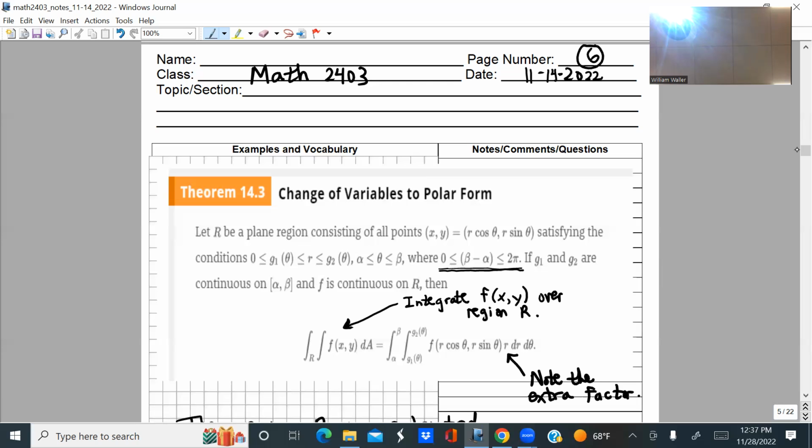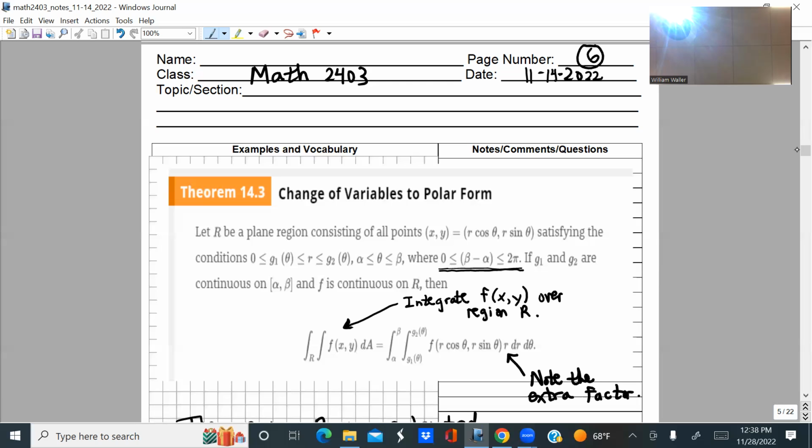Now, what you can do is, if you're able to write that region of integration in polar coordinates, then you can convert the double integral into a double integral where the variables of integration are polar coordinate variables, not rectangular.